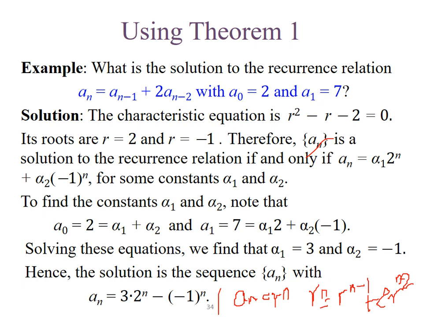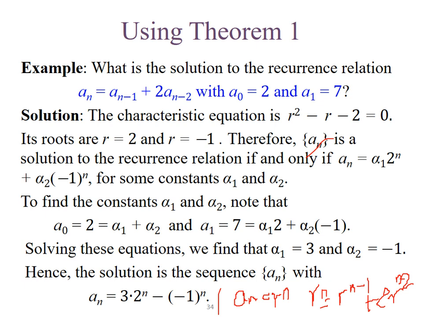When we move all terms to the left hand side, we have our characteristic equation r squared minus r minus 2 equals 0. Then we can find the roots of this equation. We have r1 equals 2 and r2 equals -1. Then we can apply theorem 1.